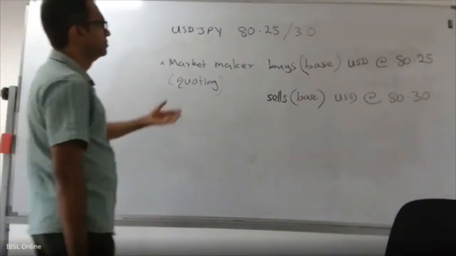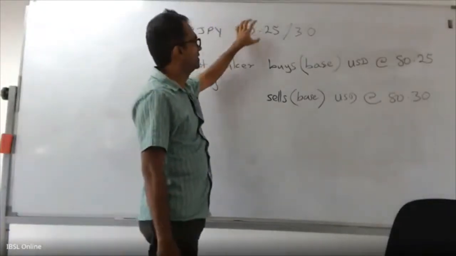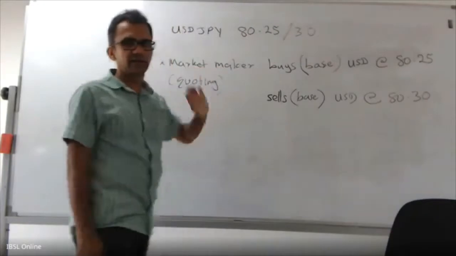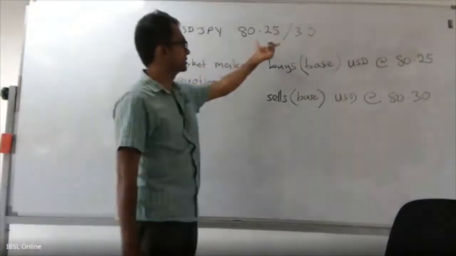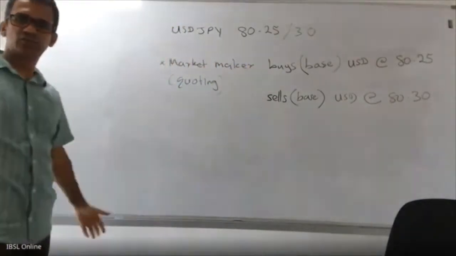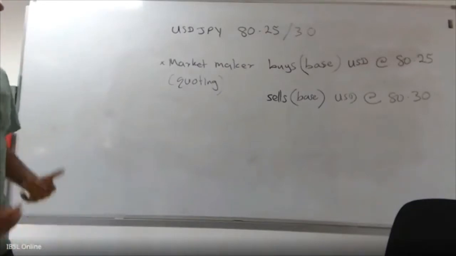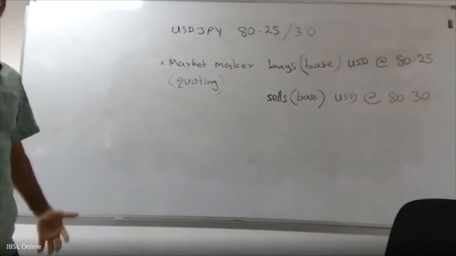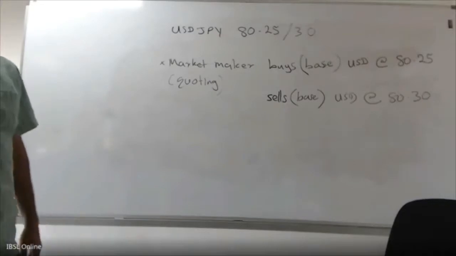That's why bid is lower than the offer. So he buys dollars at the lower rate and sells at the higher rate. If there are two parties, one wants to buy and one wants to sell, the market maker would be happy. He immediately makes a profit of 0.05 per $1.